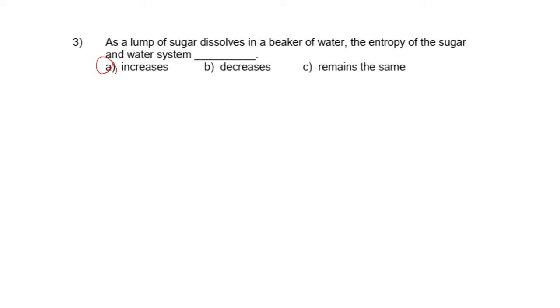And remember why, because we're going from sugar and water separate, so the sugar is a solid, the water is a liquid, and now we're combining them and we're forming a solution. So remember our order of increasing disorder as we go from solid to liquid to solution to gas.